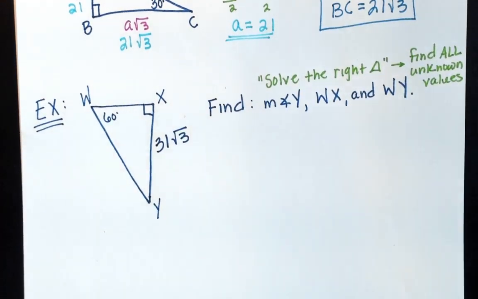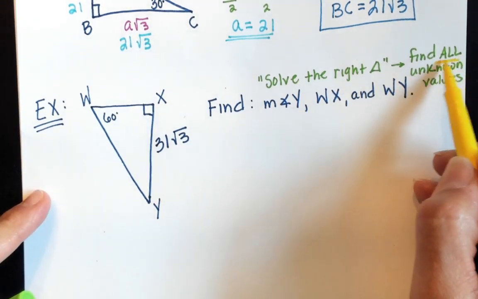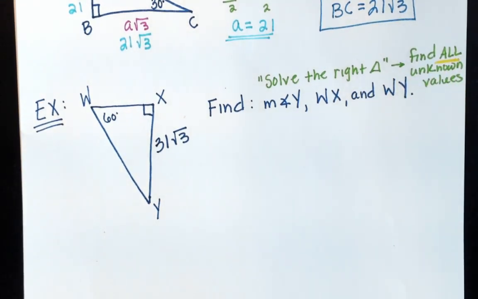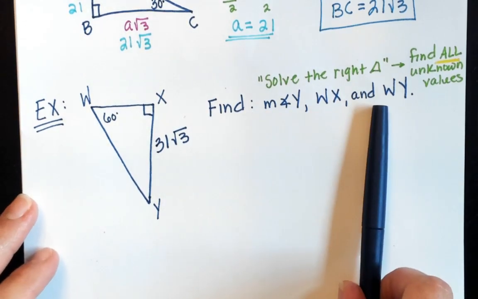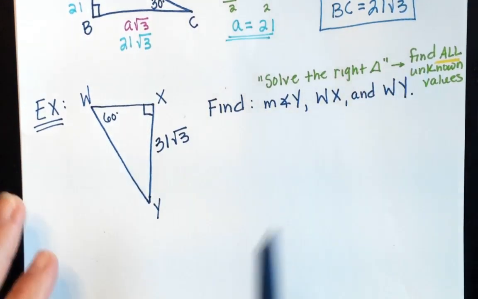And that's big. If you see solve the right triangle, that means find everything. Angles, lengths of sides, everything. So here I just kind of spelled it out for us. Apparently I'm writing uphill. Sorry.